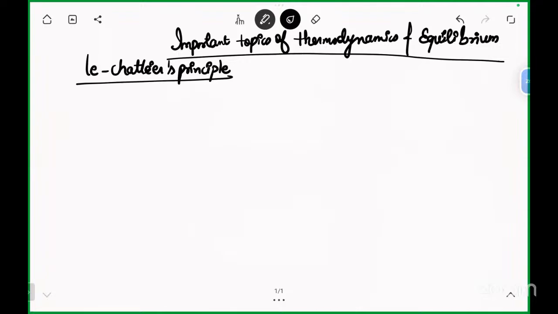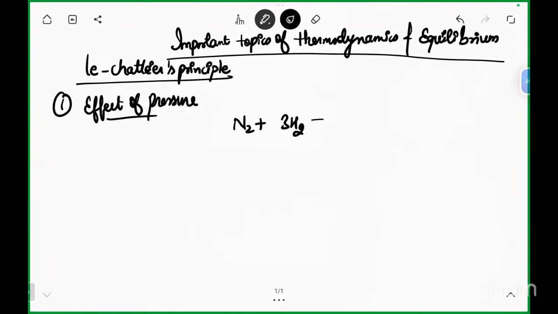So let's discuss some effects. The first effect is the effect of pressure. For example, N2 plus 3H2 is in equilibrium with 2NH3.